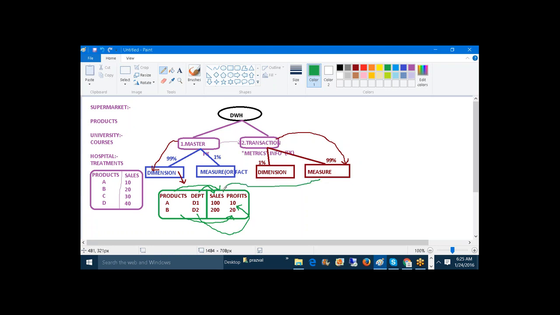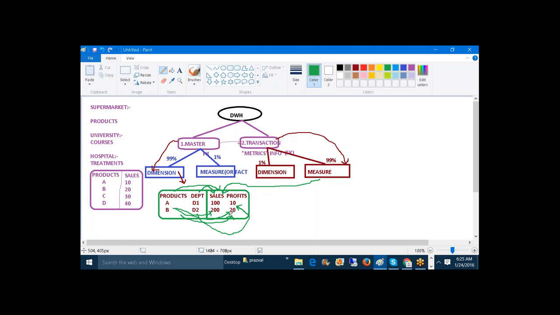Here the product can be analyzed using the sales numbers or even the profit numbers. So the measure defines based on which values or which numbers we want to analyze the business.